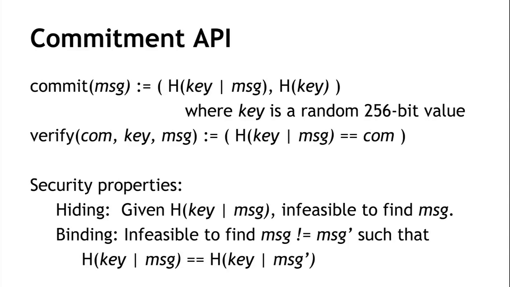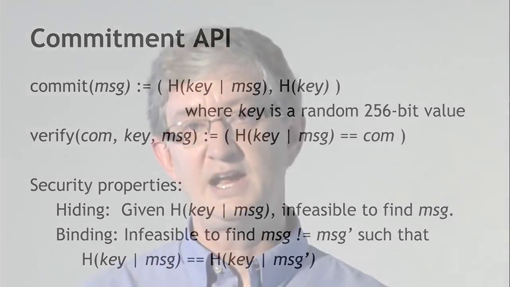If someone can find two messages which have the same hash, then they have an input value here and an input value there that are different, and yet have the same hash. Because of the two security properties we've talked about for hashes so far, this commitment scheme will have the necessary security properties. So that's the second security property of hashes, that they're hiding, and the application of that is commitments.